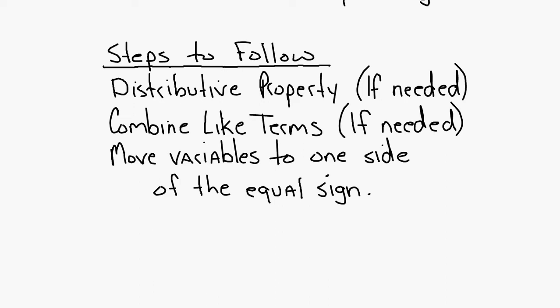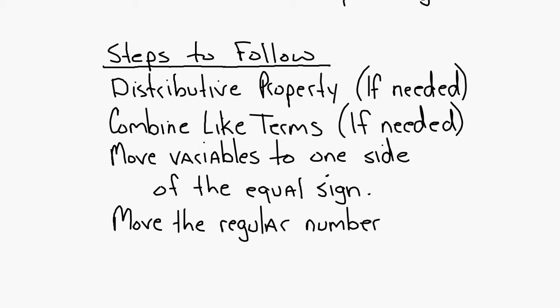After you move the variables to one side of the equal sign, then you need to move the regular numbers, the numbers that don't have a variable in front of them.